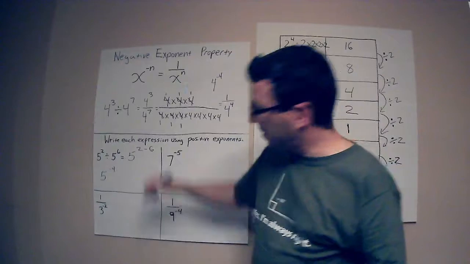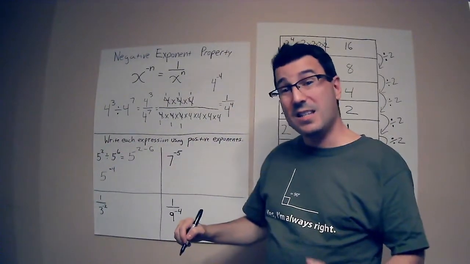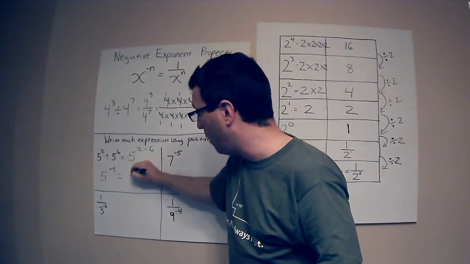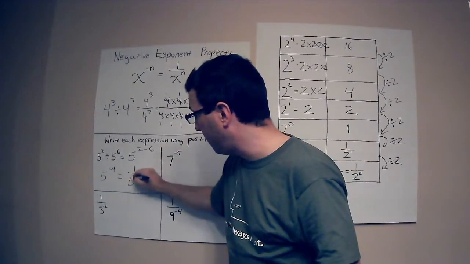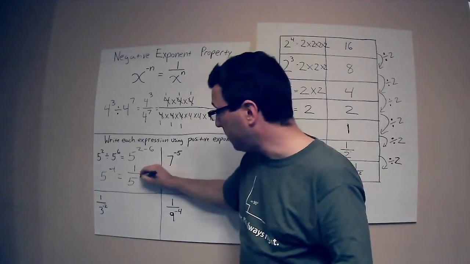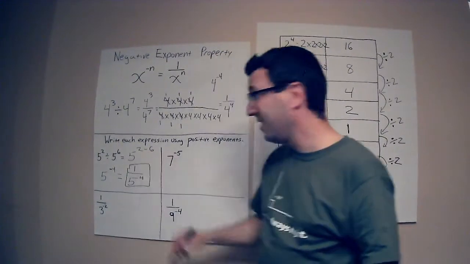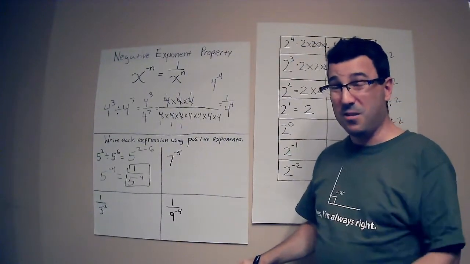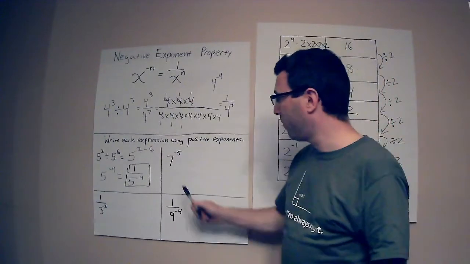I want this as a positive exponent, so I need to rewrite it. 1 over, my base is 5. The positive version of negative 4 is going to be a positive 4. This is one of those that can get a little tricky because not only are you dealing with fractions, you've got negatives, it's all the things you guys love.